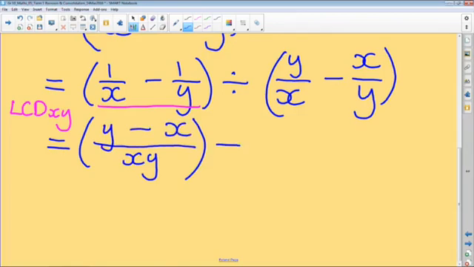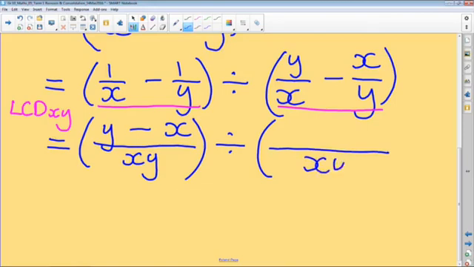Not too bad, hey? Now in the other one, I also have a lowest common denominator of xy. And because I'm multiplying the first fraction by y over y, the first term becomes y squared. And the second one, I'm multiplying by x over x, which gives me x squared.